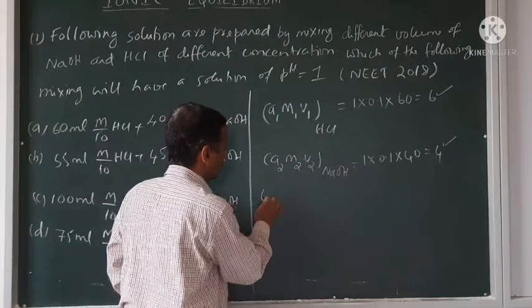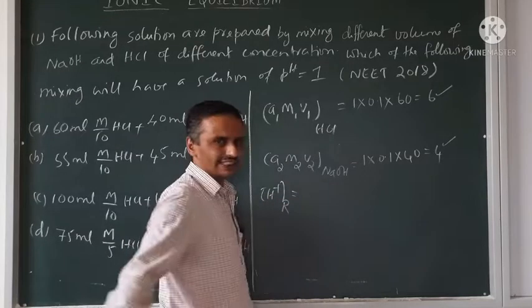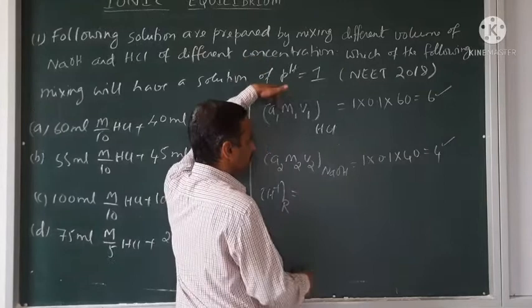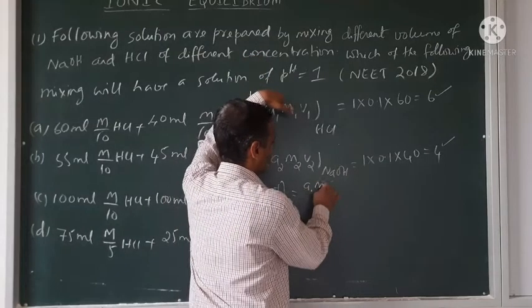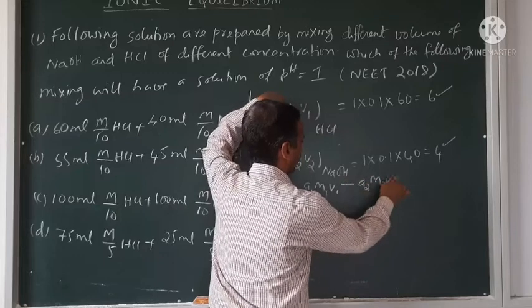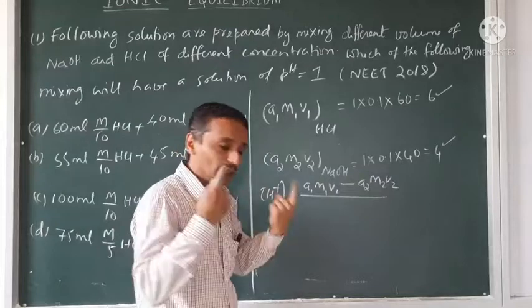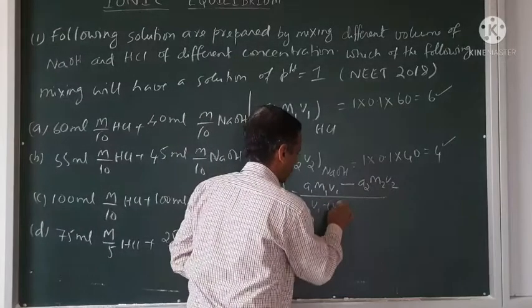Now, net H plus or remaining H plus concentration is equal to what you do? A1 M1 V1 minus A2 M2 V2 divided by mixing the volume increases V1 plus V2.